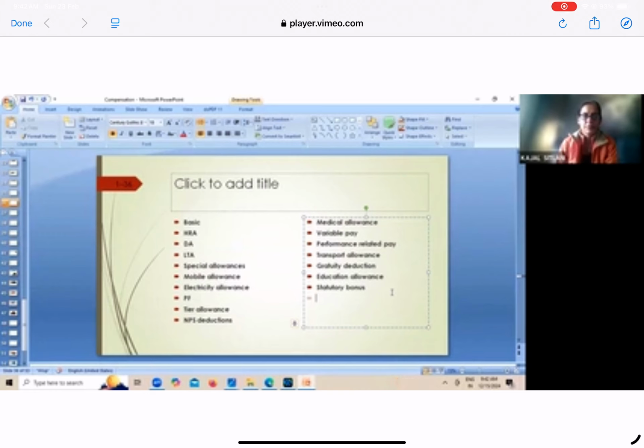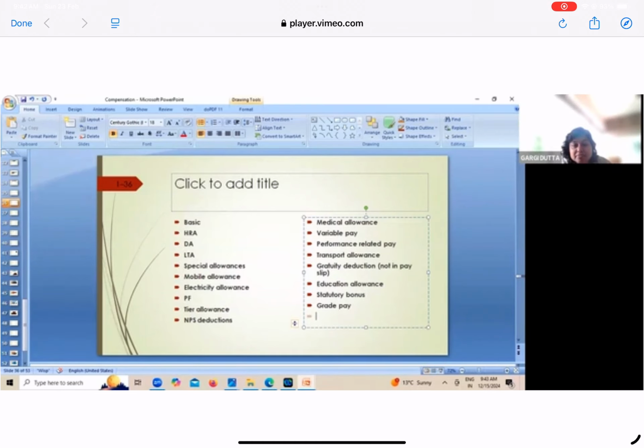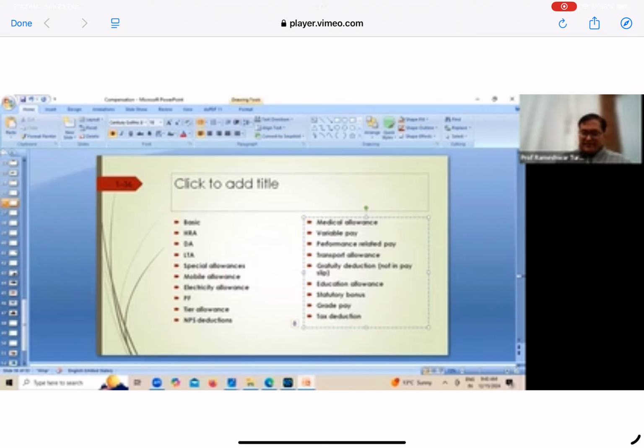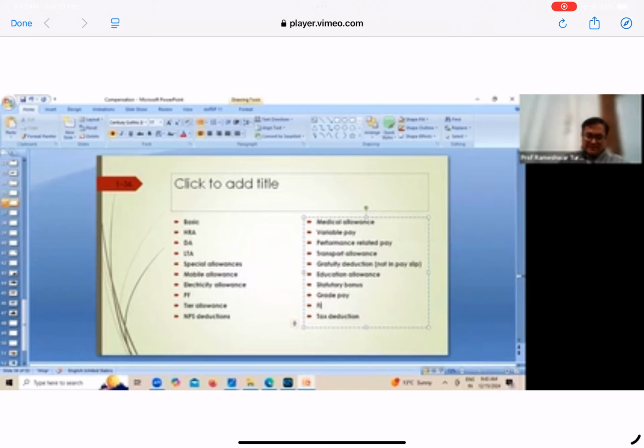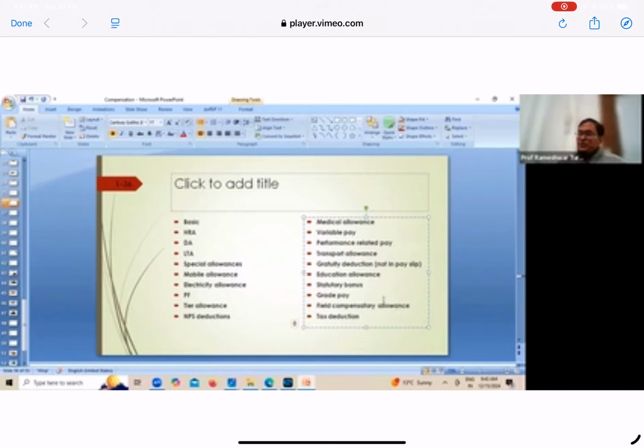Gratuity is not in the payslip. Grade pay. The tax deductions, income tax. This is not what you get, it is a deduction. Field compensatory allowance, hardship allowance, uniform allowance, and so on and so forth.